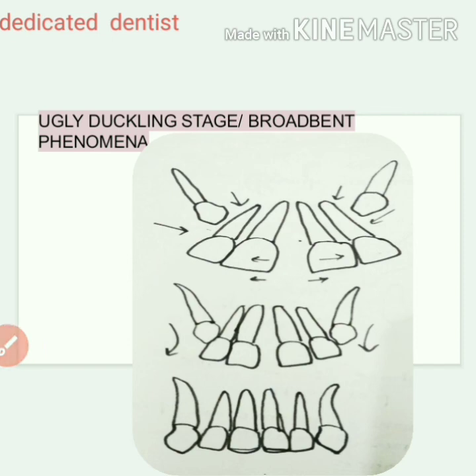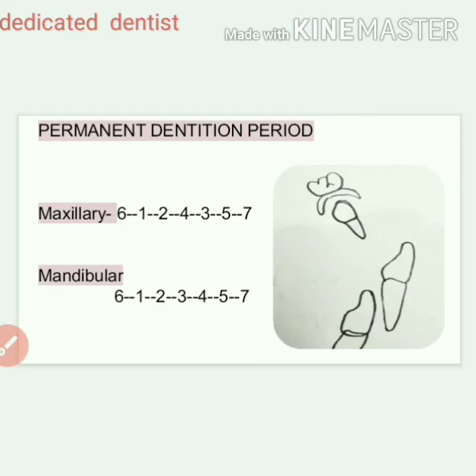Now comes the permanent dentition. So the permanent dentition forms within the jaw soon after birth, except the cusps of permanent first molars, which form before birth. So the permanent incisors, this is how they erupt. That is, these are permanent incisors and these are primary incisors.